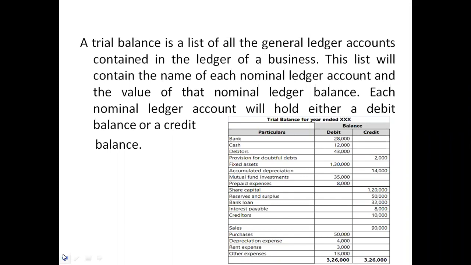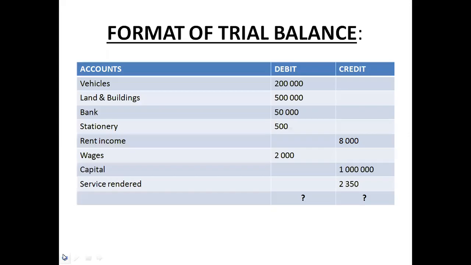You need to have the amounts, you need to know what the accounts involved are, and you need to know in which column you're going to write the amount, either on the debit or on the credit side. Same with the format. Remember, when you're done with the trial balance, add up the debit column, get a total. Add up the credit column, get a total at the bottom. They should be the same.